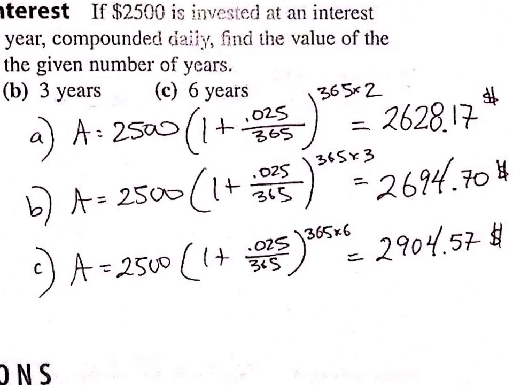I used Desmos to calculate these, and the cool thing about Desmos is I had all this typed in, and then I could just backspace and delete the 2 and call it a 3, and backspace, delete the 3, call it a 6, and I didn't have to retype all that stuff. So notice how the longer he has the investment earning interest, the more he earns, obviously. You should try those and make sure you get those numbers.